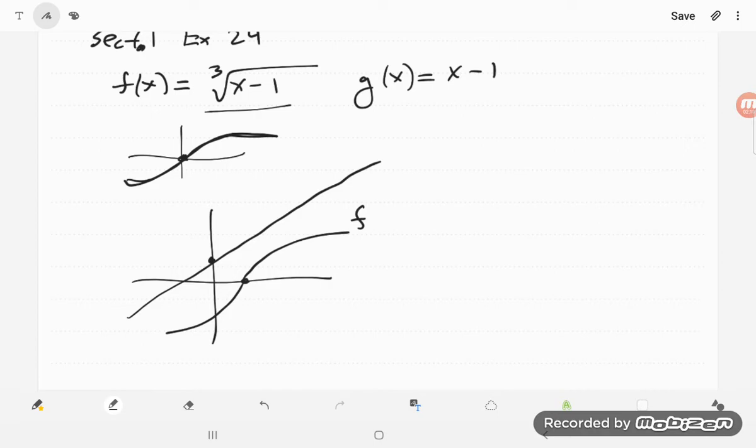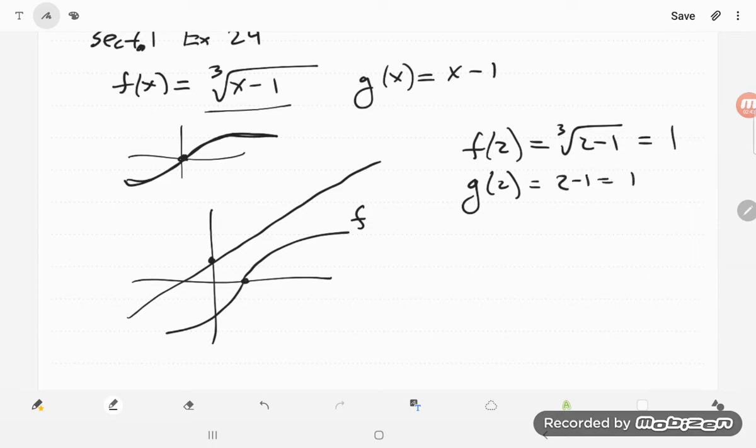And I could check some easy values and just kind of hunt and peck, so to speak, right? If I do f of 2, I get the cube root of 2 minus 1, which is 1. And if I do g of 2, I get 2 minus 1, which is 1.